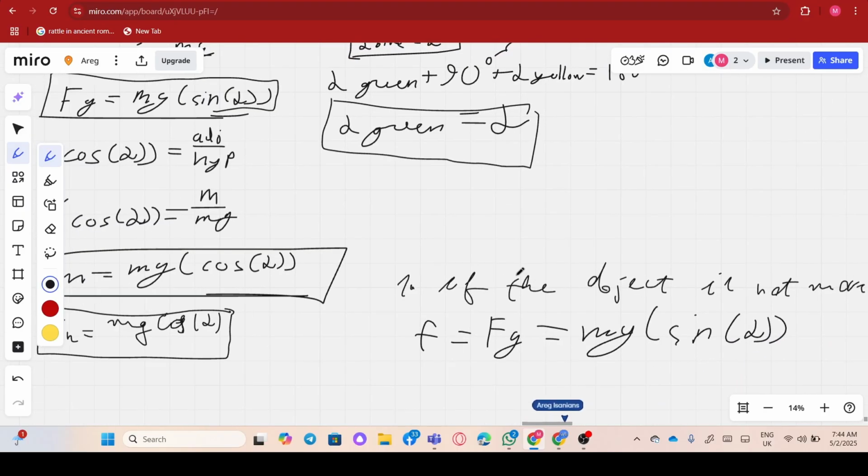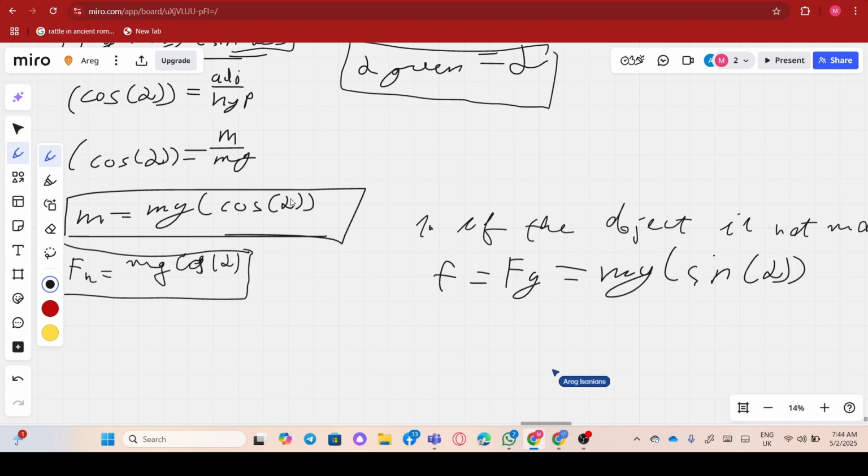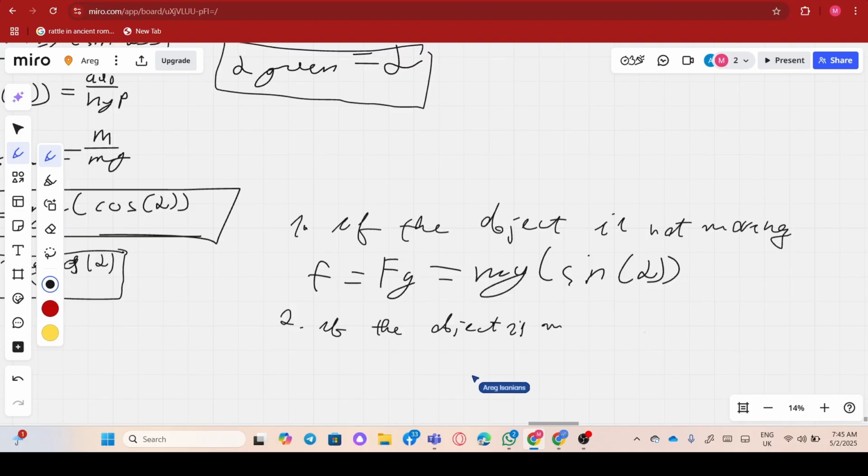Okay. And the second case is if the object is moving and the coefficient of kinetic friction is mu k.